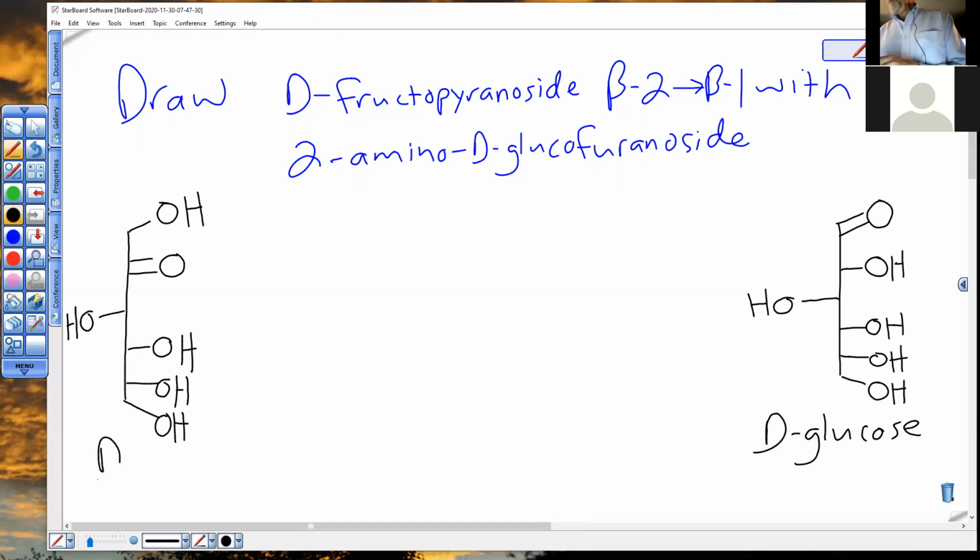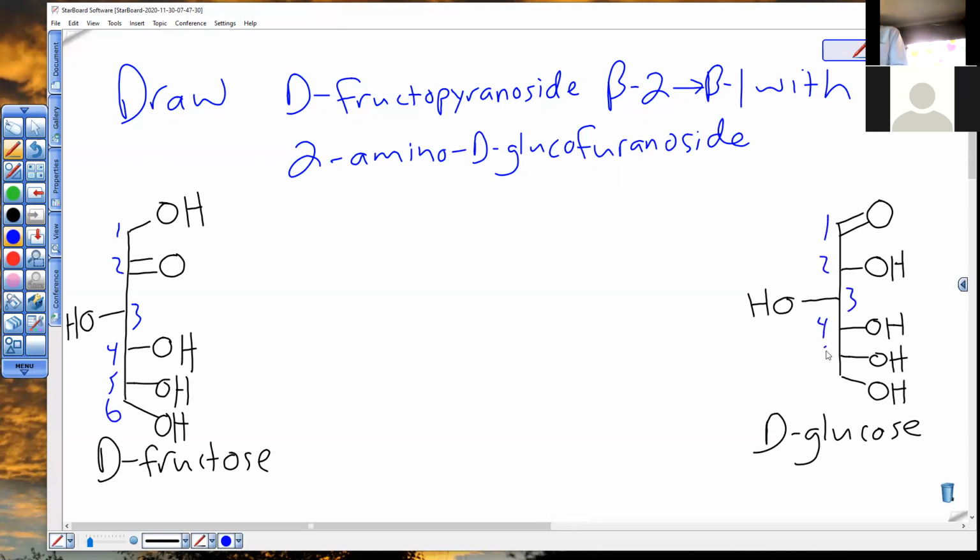There's your D-fructose. And notice carbon number 2 of fructose is the carbonyl. Carbon 1 of the glucose is the carbonyl.